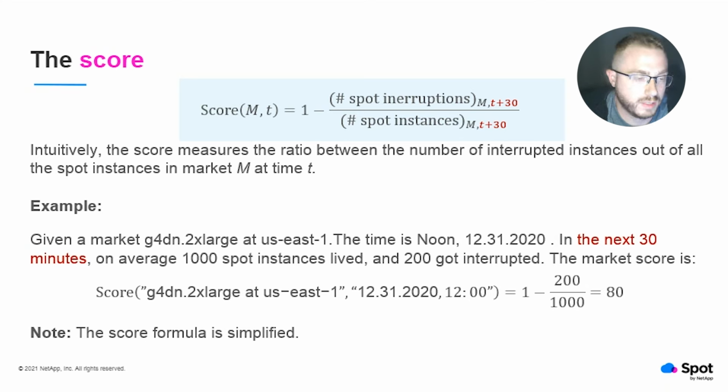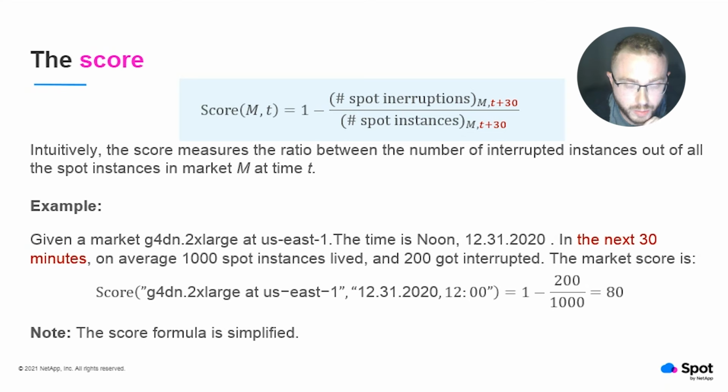Let's see an example. If we have a market G4DN 2xlarge in US East 1, we want to predict a score at noon on a specific date. If we know that in the next 30 minutes on average 1,000 Spot instances live and 200 of them got interrupted, we can calculate the market score and get that the score is 80.